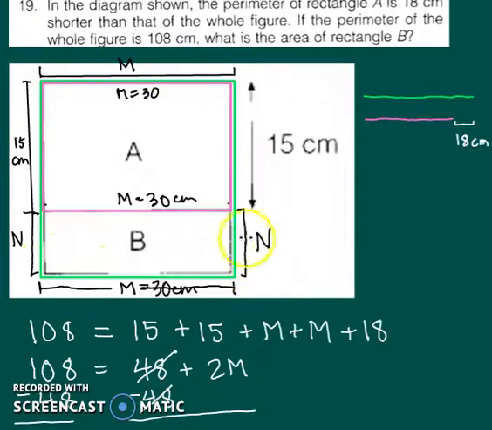And what does that green string consist of? Well, on this side we have 30, and then going down this way we are adding 15 centimeters. Then we're adding this length n, and we're adding 30 centimeters across. We're adding n once again, and finally we're adding 15 centimeters to get back to the corner where we started.